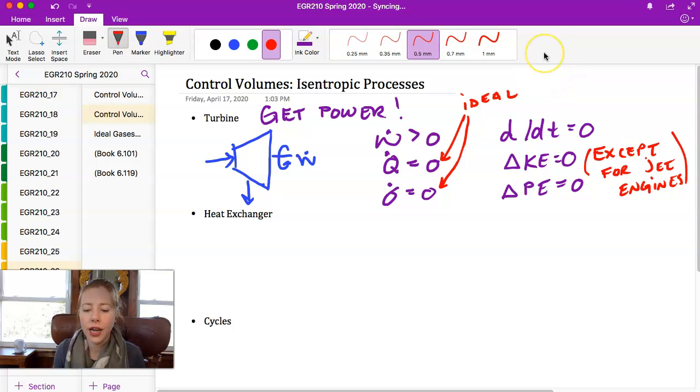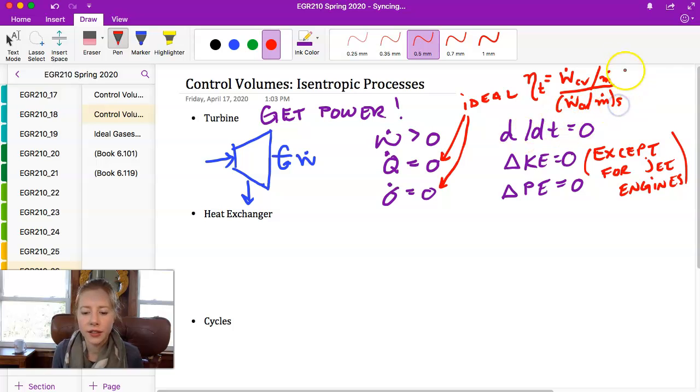Let's just briefly look at the isentropic efficiency then of a turbine. So that's going to be eta sub T is going to be equal to our work out for the control volume divided by m dot, compared to the work out for the control volume over m dot for an isentropic process.